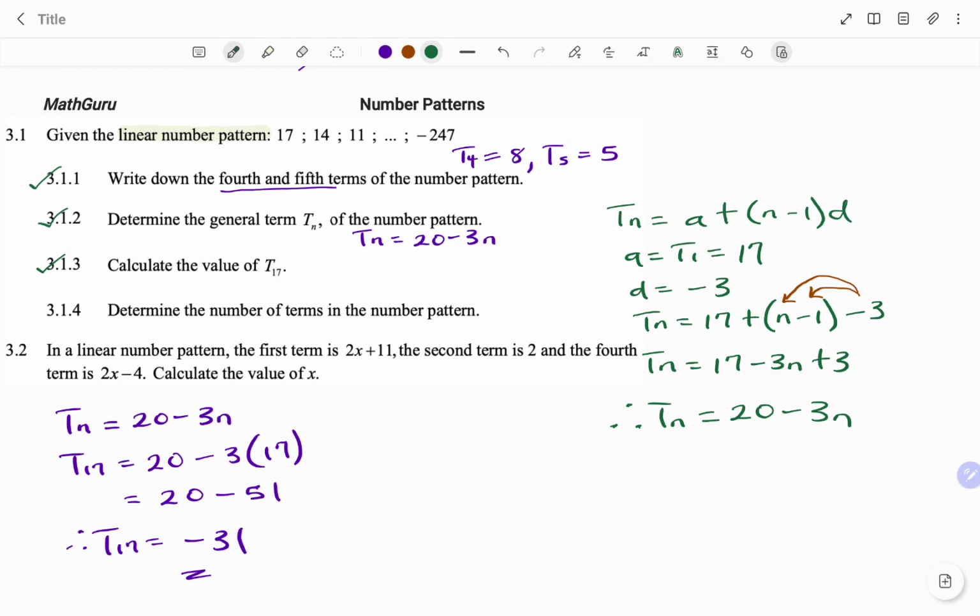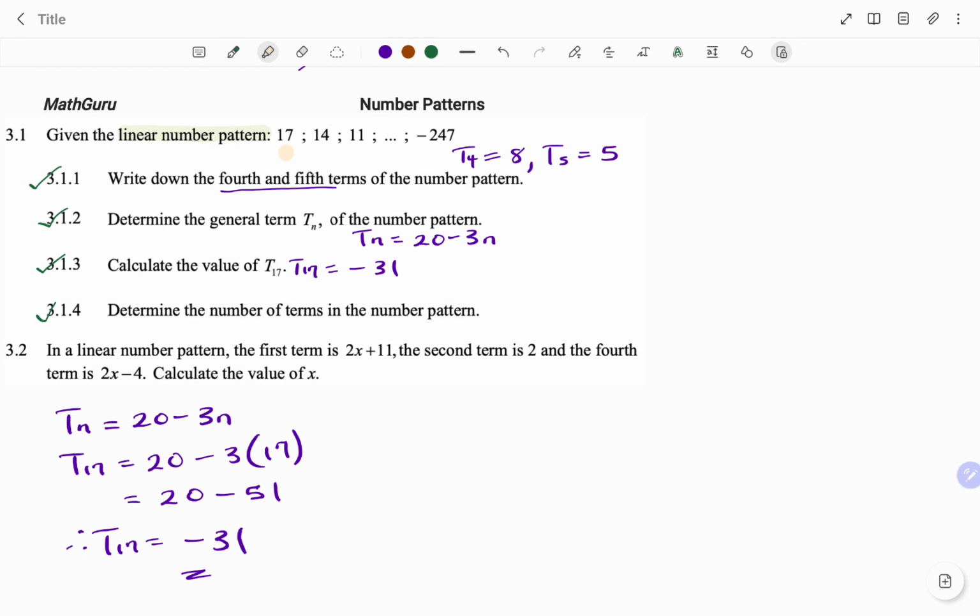The fourth part of the question says, determine the number of terms in the number pattern. If I go back to the question, I can see that the first term is 17. However, the last term for the number pattern is negative 247.